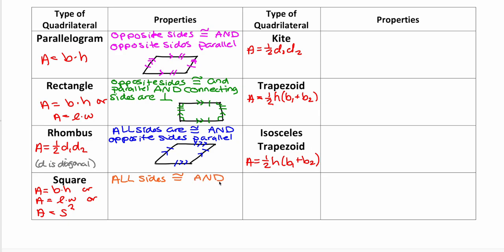this next property. The connecting sides are perpendicular.